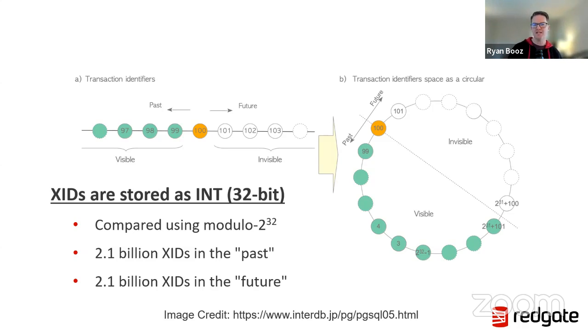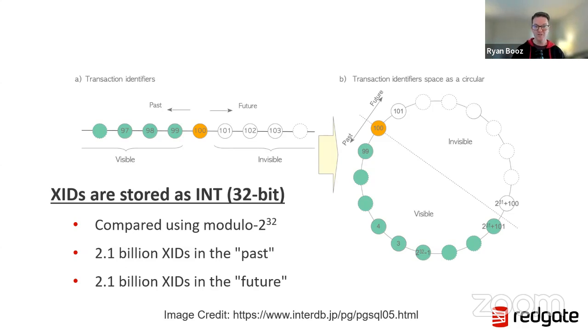And so what the team decided to do years and years ago is they treat the space as something circular. They take the new value and do a modulo on it with 2 to the 32nd power. And that splits the 4 billion in half. What that means is, for my transaction ID, there are always 2.1 billion-ish, give or take, transaction IDs that are in the past, right?